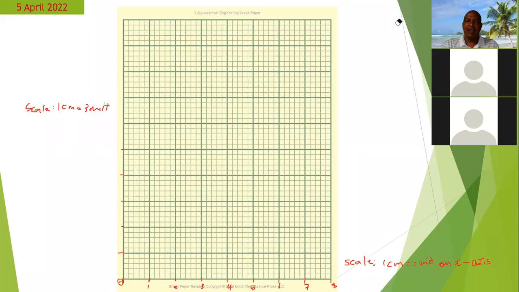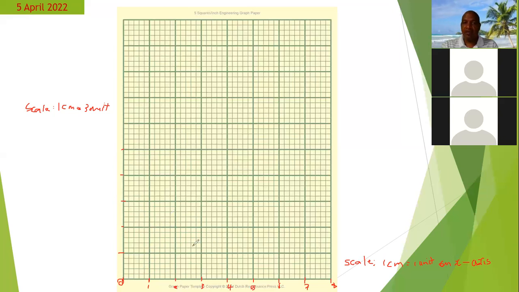Because sometimes what you want is to give a clear picture of your graph. And to get a clear picture of your graph, it is better to work with a larger scale so that when you draw your graph, you get a bigger picture. And that is, remember, the purpose of a graph: to give you a picture. And so you don't want to use a tiny scale that when you draw your curve or your graph, you get a squint, drop curve.